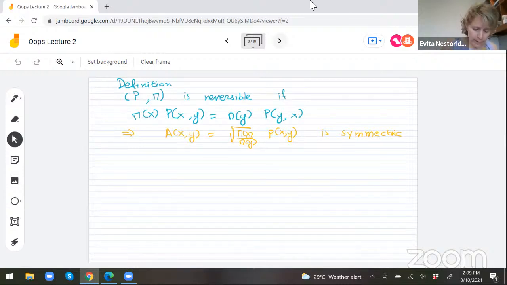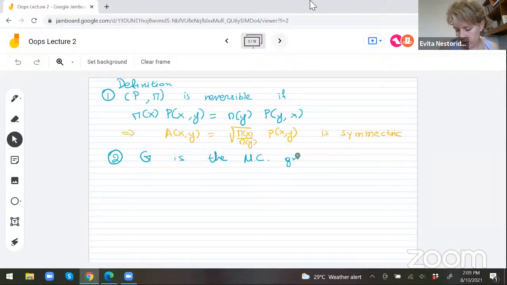Also, before going there, I want to define the Markov chain graph because I'll be going back and forth all the time. So this is the first definition. G is the Markov chain graph. I'll be denoting it by G. The vertices are X, the vertex set.